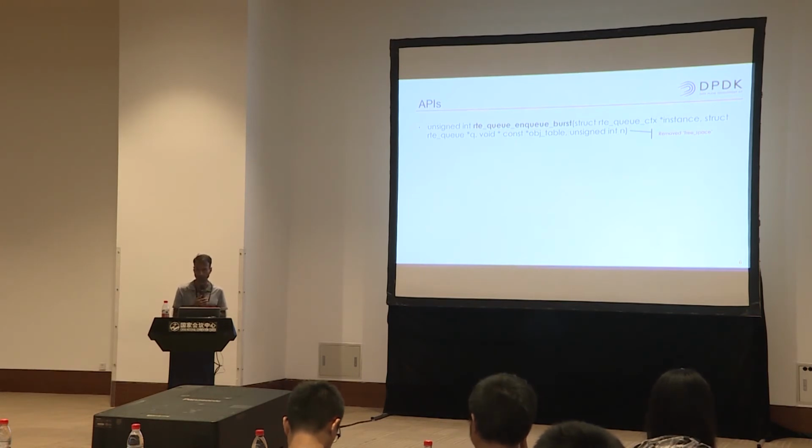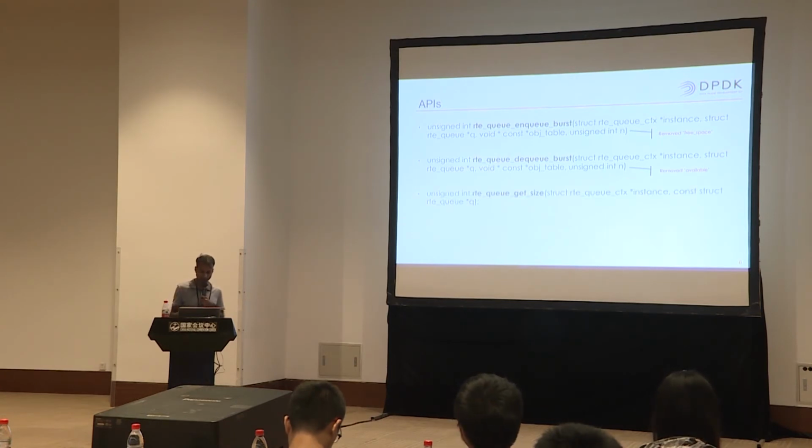But we'll see how the discussion goes, and we can change accordingly. Similarly for the dequeue burst, I have taken out the available number of slots from the queue. That's something again up for discussion.